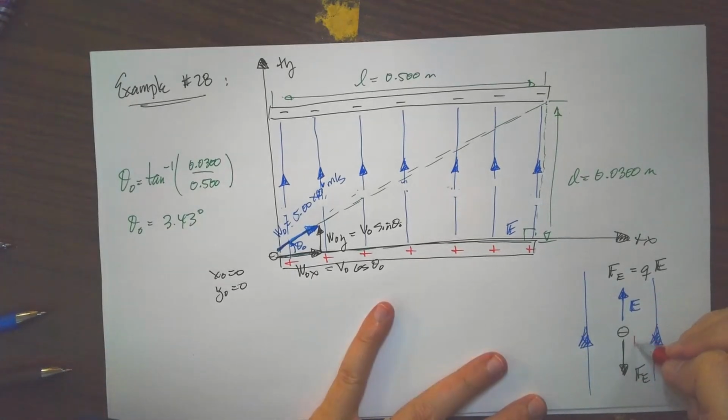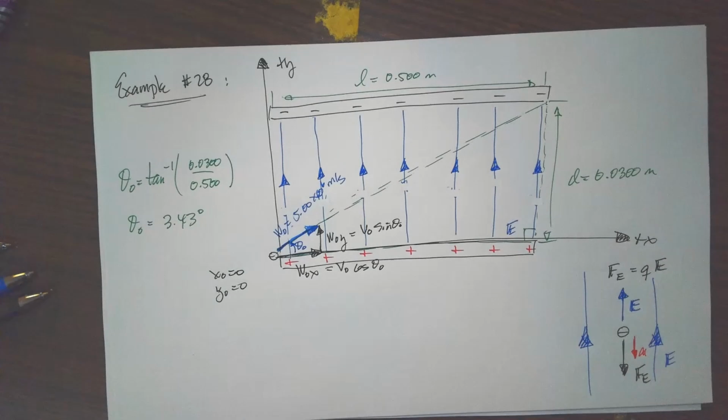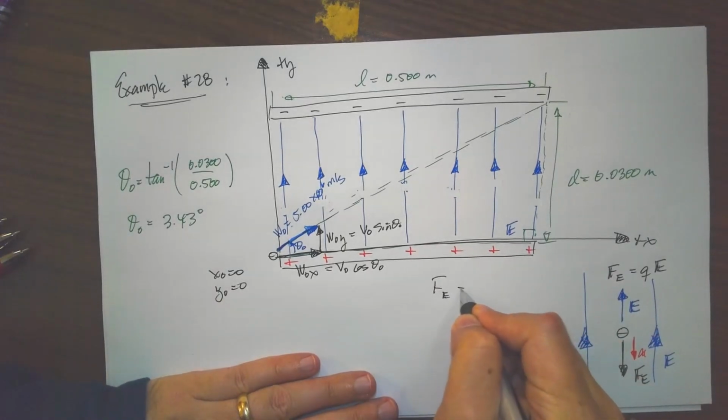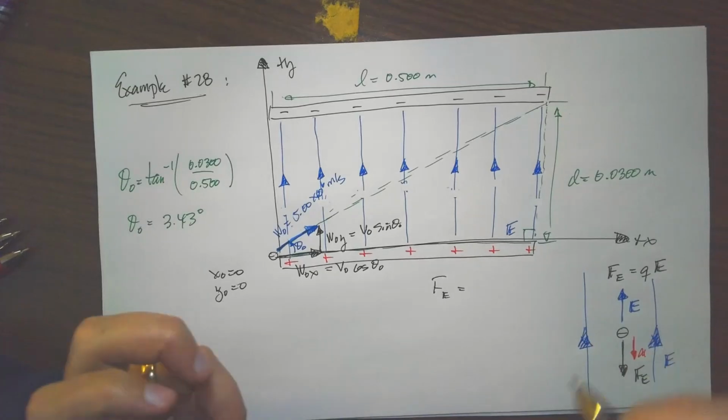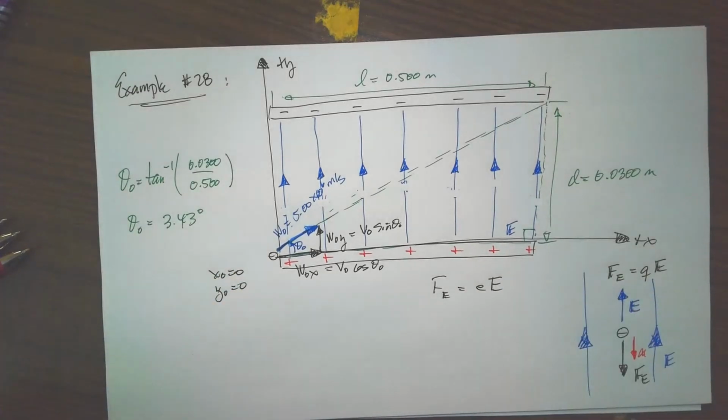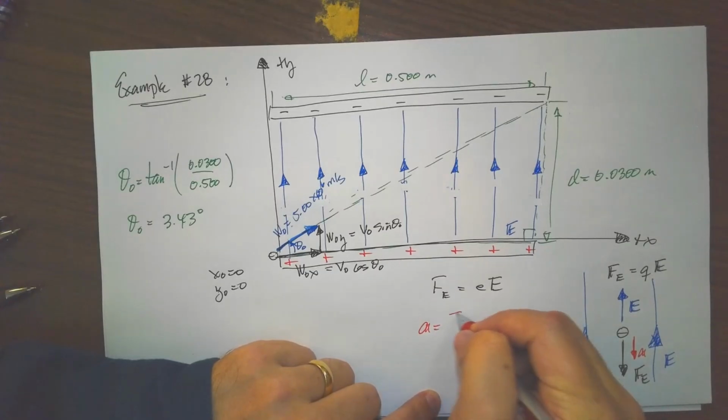And so therefore the acceleration, since mass is only positive, whichever way the net force is the direction of the acceleration. So we can write down that the magnitude of the electric force is the charge on the electron, so that's e, the fundamental unit of charge, times whatever electric field we happen to have. And then with Newton's second law, the acceleration is the net force over the mass.